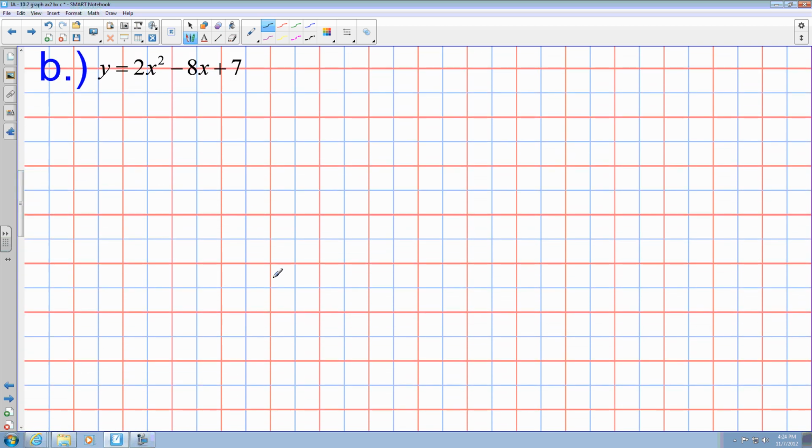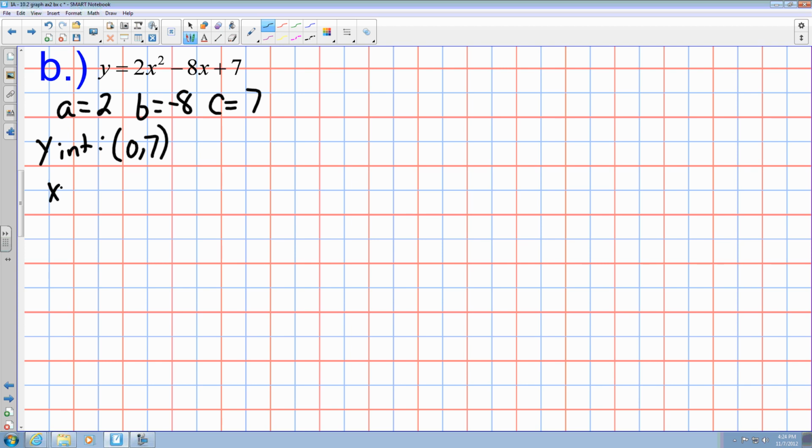So this one is y equals 2x squared minus 8x plus 7. So I'm going to find my a, b, and c. And a is 2, b is negative 8, and c is 7. So our y-intercept, right off the bat, I know is 0, 7.